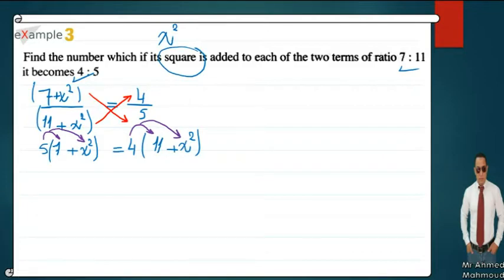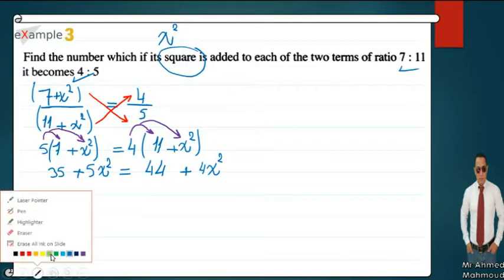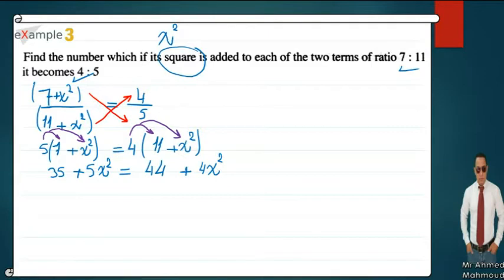And then simplify. 5 times 7 equals 35, plus 5 times x² equals 5x², equals 4 times 11 equals 44, 4 times x² equals 4x². And then I will collect x on one side and the number on one side.